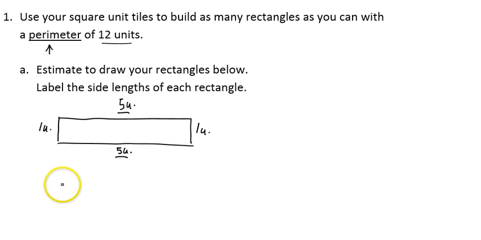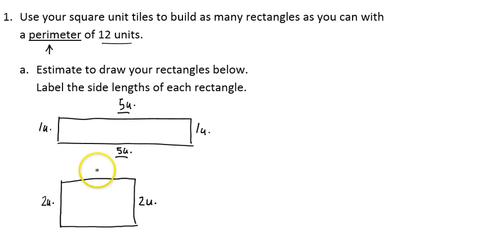Let's try another rectangle. This time, let's increase our width to 2. So if this is 2 units, then the opposite side would be 2 units as well. So far, I've used up 4 units.